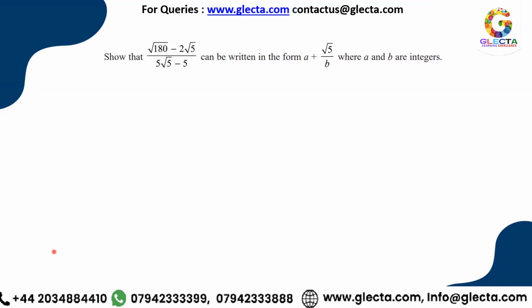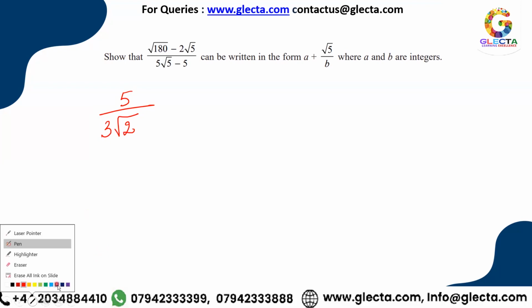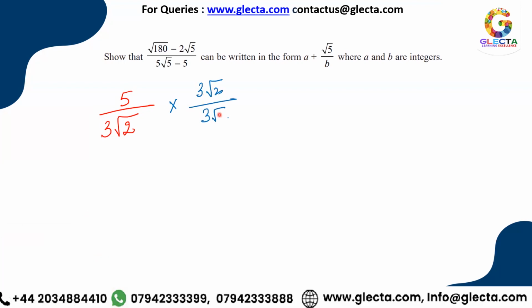So how do we rationalize now? If there is a single surd, like if I write 5 over surd 2 or 3 surd 2, whatever is given in the denominator, you multiply and divide by the same. 3 surd 2, 3 surd 2, right? So when I times the numerators together, that's 15 surd 2.